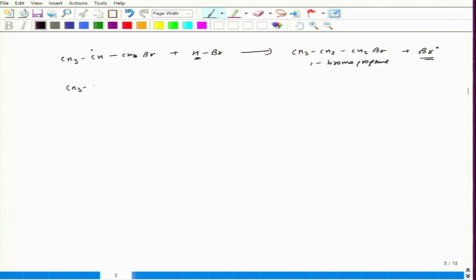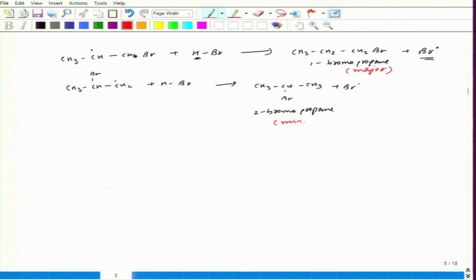Also, it is not that the other radical will not take up the proton; it will also take up the proton in the same manner, and a 2-bromopropane moiety will be formed along with a bromide radical, but this will be the minor one, and 1-bromopropane will be the major one. And we know the third step is termination.